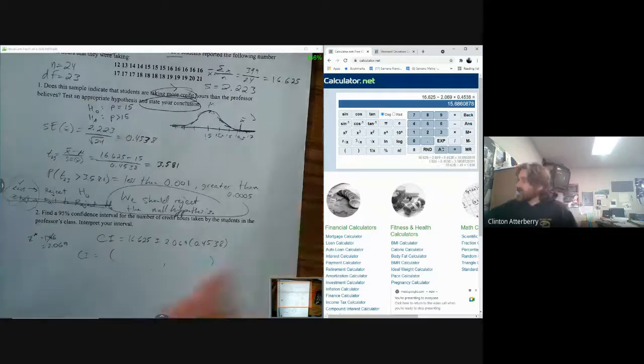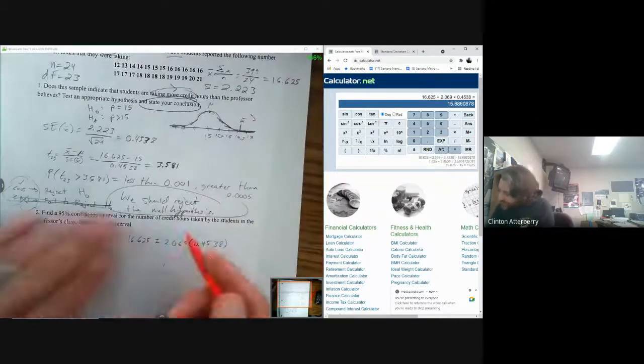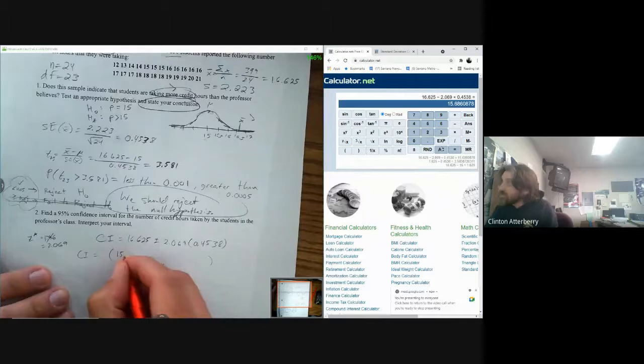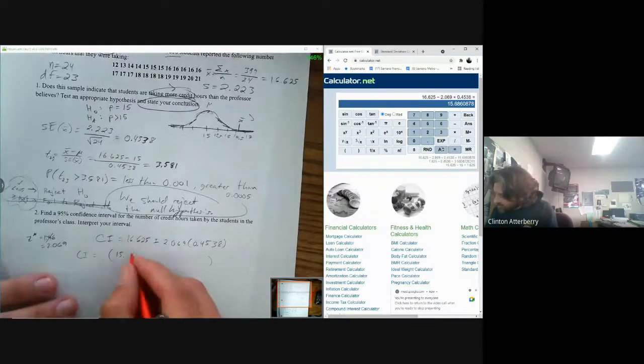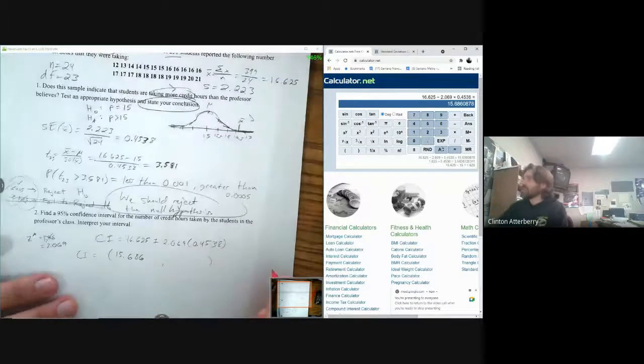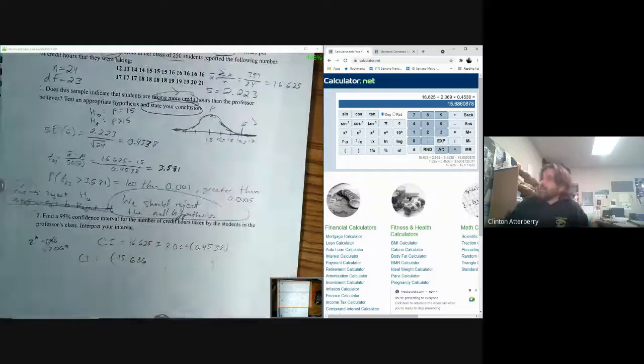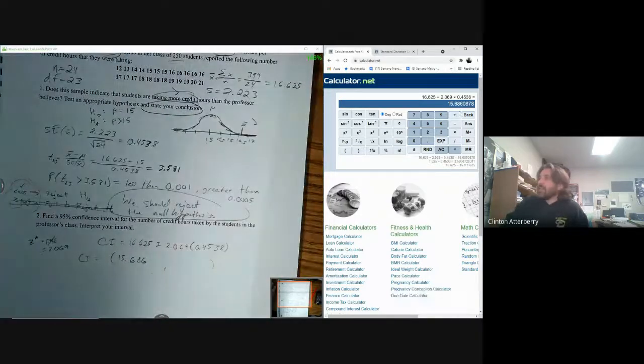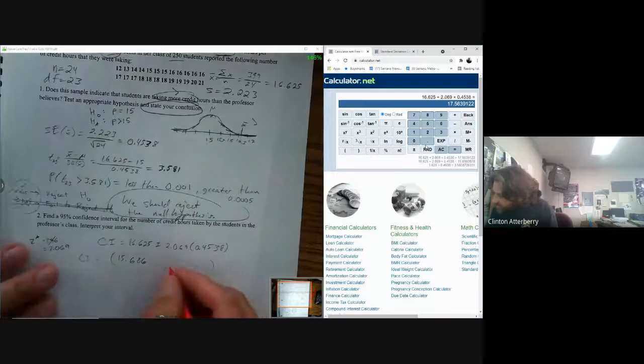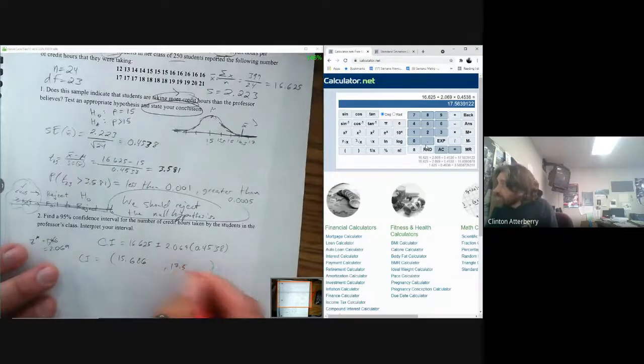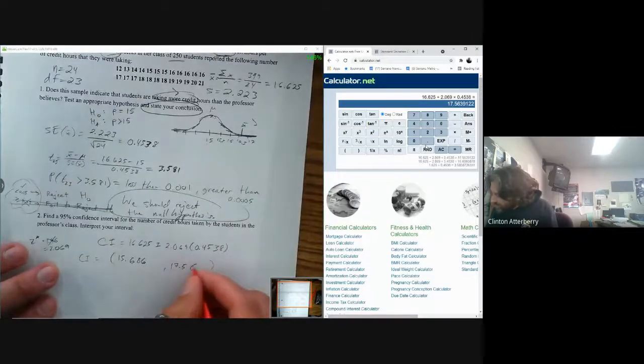I get 15.686. Let's just do 3 decimal places. And then let's do the right side. So we'll say 16.625 plus 2.069 multiplied by 0.4538. You get 17.564 or so.